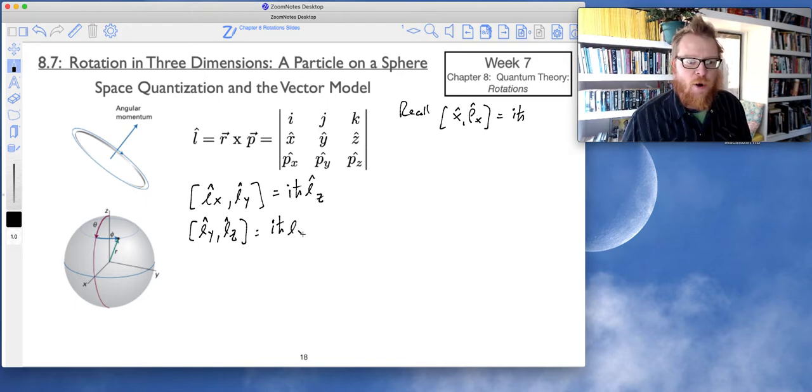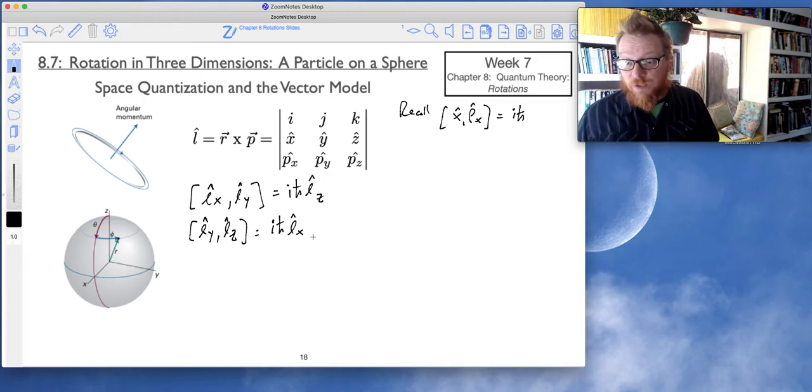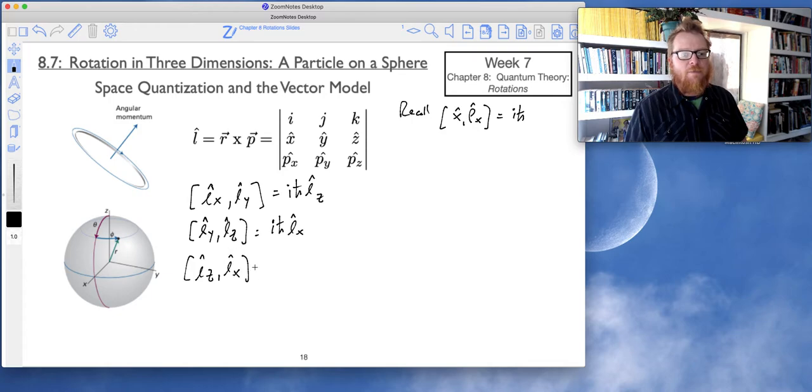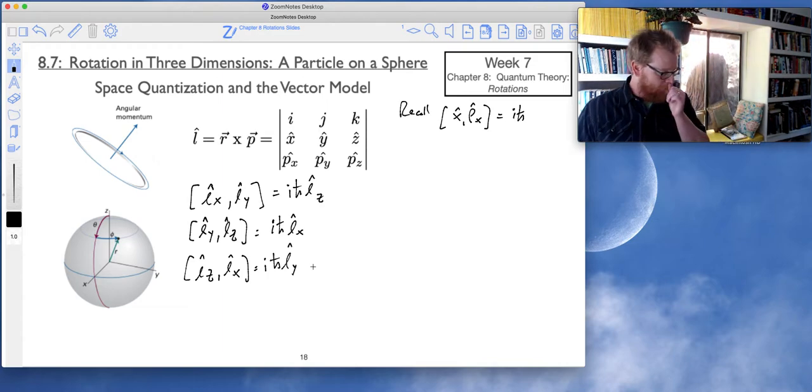So now, if I try to specify with great precision the projected length of orbital angular momentum in the y or z dimension, I have uncertainty in the x dimension. And finally, for the last pair, Lz and Lx, I'm going to have uncertainty in the y dimension.